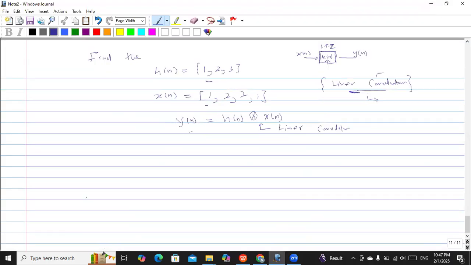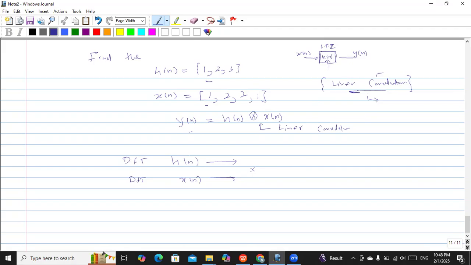So what you need to do? First you need to find the DFT of hn. Then you need to find the DFT of xn. Then you will have some values, and you need to multiply those values. Let's say the DFT of hn is Hk and the DFT of xn is Xk.